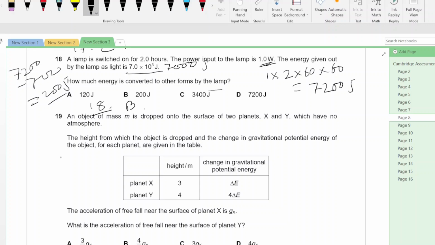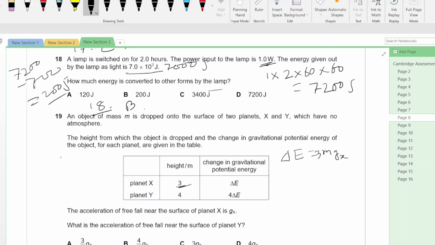Now we consider the gravitational potential energy of planet X, which is m g x times height 3, therefore 3 m gx.